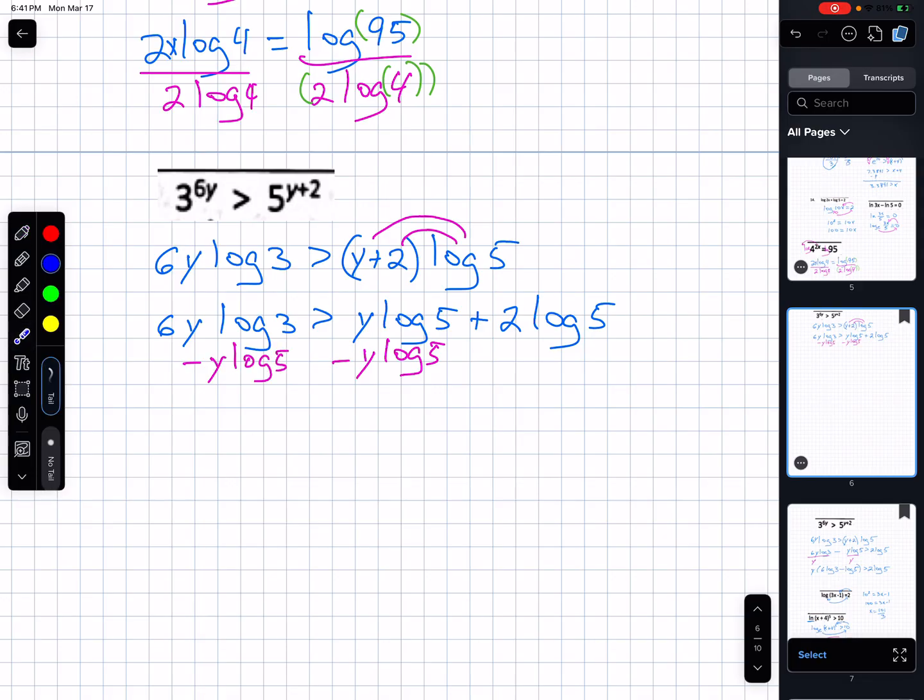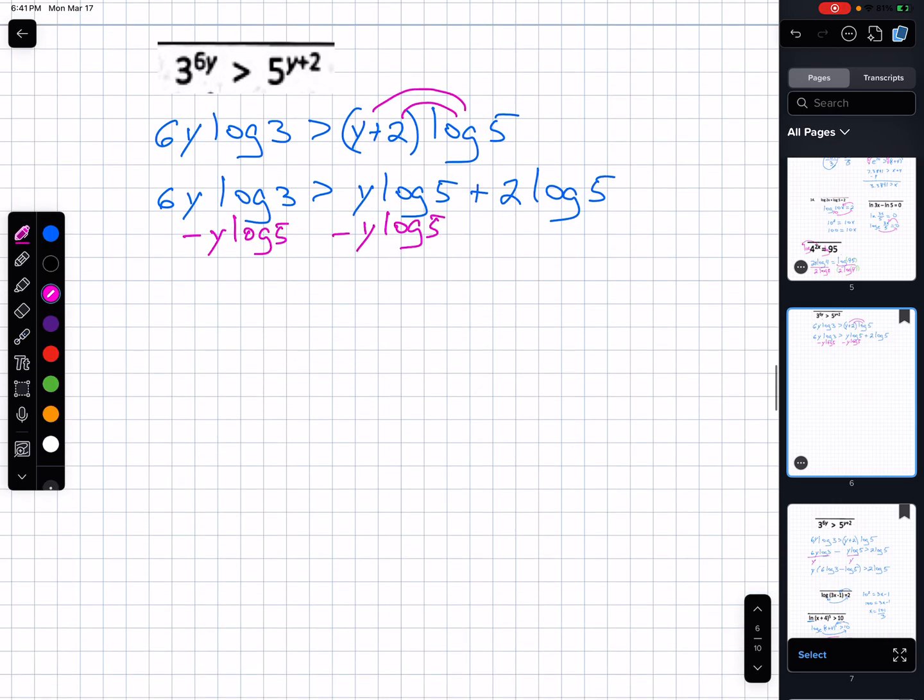If these were the same numbers right here, I could subtract these two. But because they're not the same numbers, you're stuck and you have to factor. So right here, we get 6y log 3 minus y log 5 greater than 2 log 5.